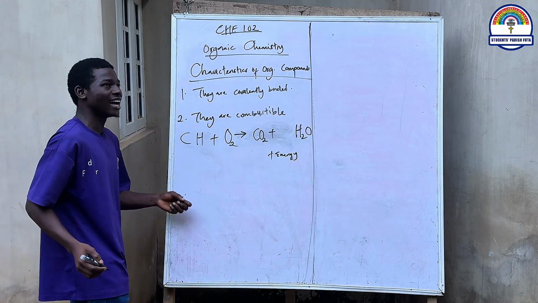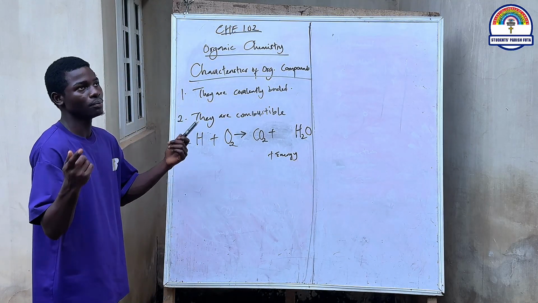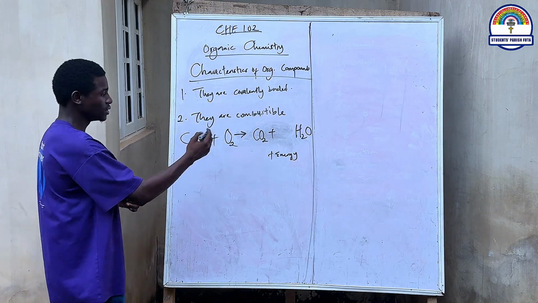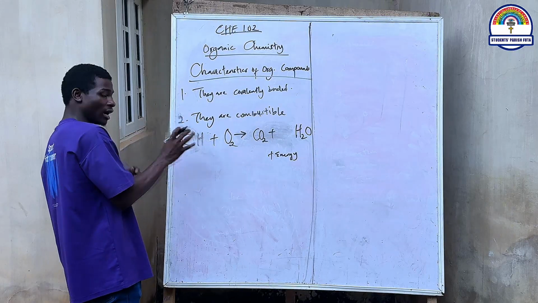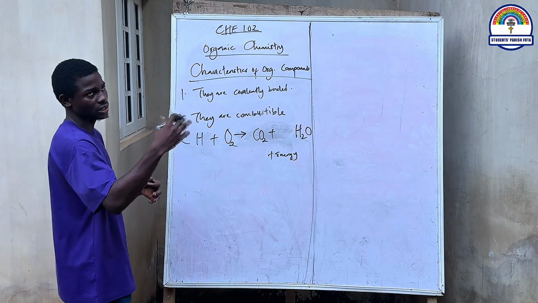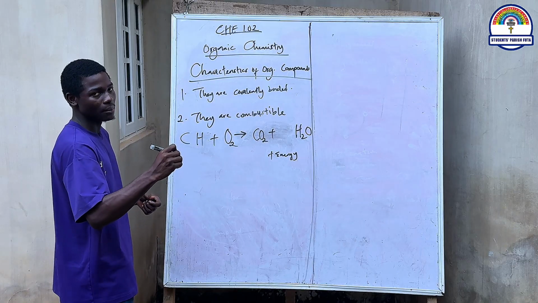Assume they say hexane or propane or propene. Since it is a hydrocarbon, C and H burning in oxygen, the formula is just for hydrocarbons, not CHO. You have to balance those manually yourself.